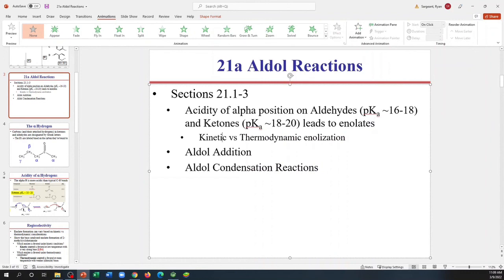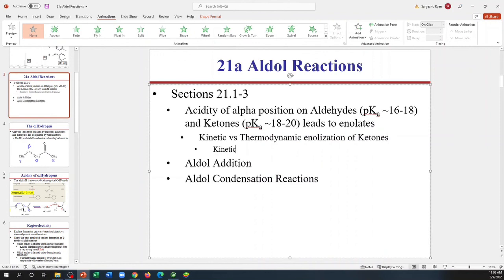Aldehydes always have a hydrogen on one side, so you're not going to run into kinetic versus thermodynamic arguments because there's only one position for an alpha carbon in an aldehyde. The other position is occupied with a hydrogen. For ketones, they can have two different carbons, meaning that they have two different alpha positions, and then we have to worry about which side is actually going to make the enolate.